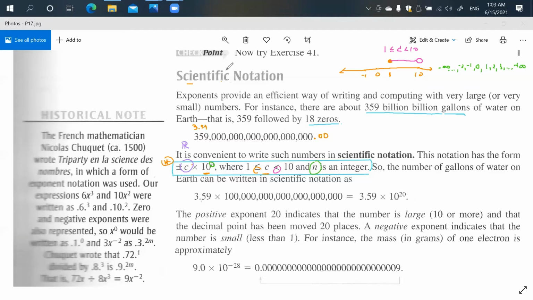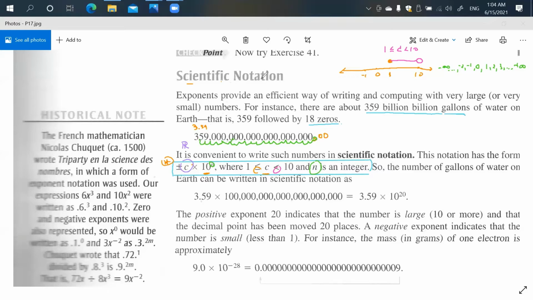From the decimal point here, I move it until I have 3.59. So we count: 1, 2, 3, 4, 5, 6, 7, 8, 9, 10, 11, 12, 13, 14, 15, 16, 17, 18, 19, 20.